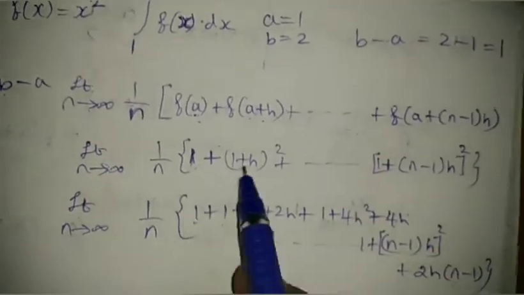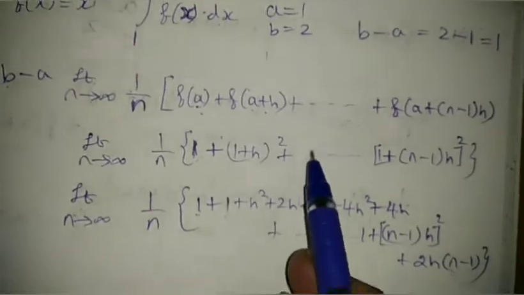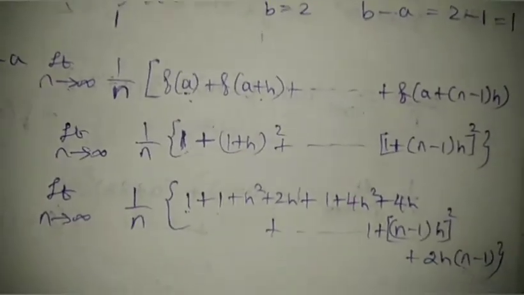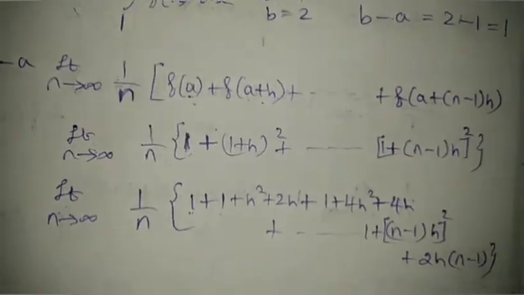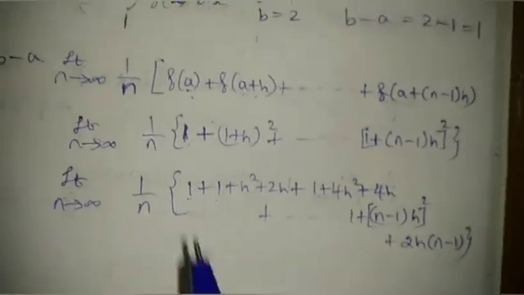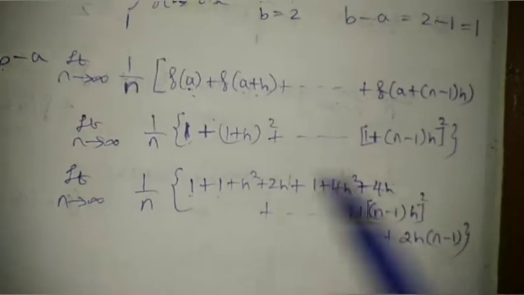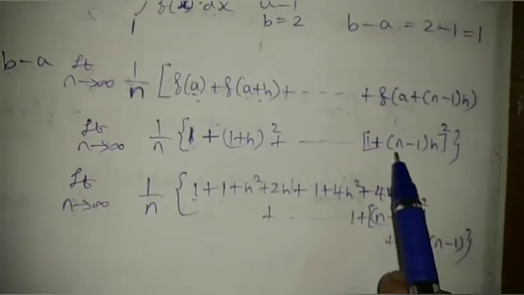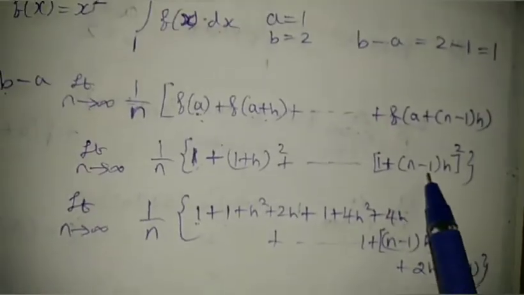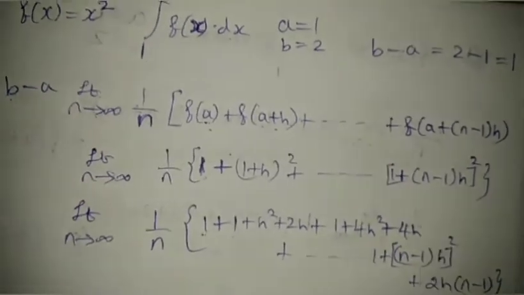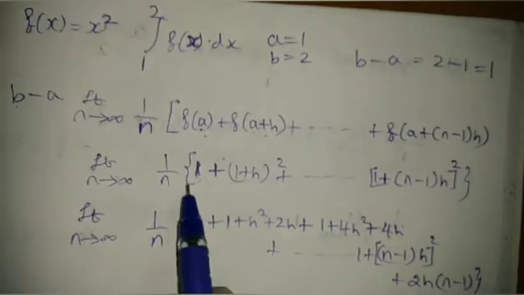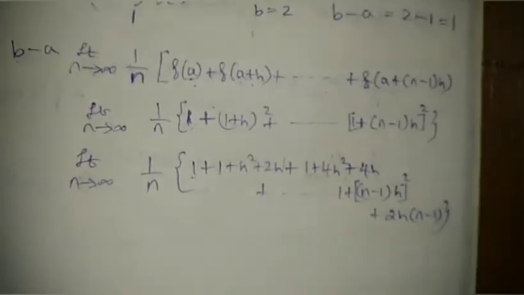How many ones are there? 1, 2, and the next term 1. So 3 ones are there, right? So the number of ones is equal to n. For example, if n is 3, the number of 1s is also 3. If n is 4, then it will be 4 minus 1, 3h, 1 plus 3h the whole square, so it will go 1, 2, 3, 4 terms. In all 4 terms, 1 will be there. So it is repeating n times.